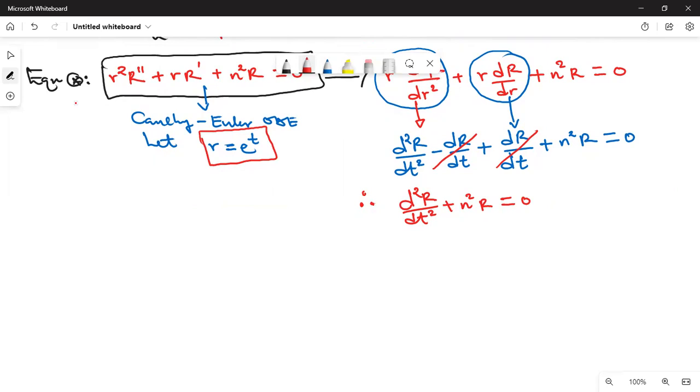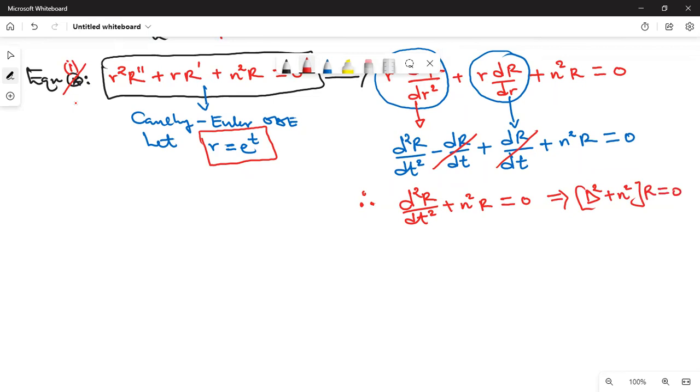This was equation 1, not star. This equation Roman 1. That's what we are solving. So this equation in terms of the d operator can now be written as d squared plus n squared operating on r to give us 0.